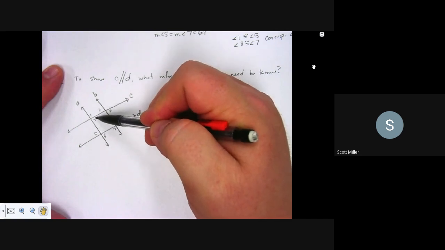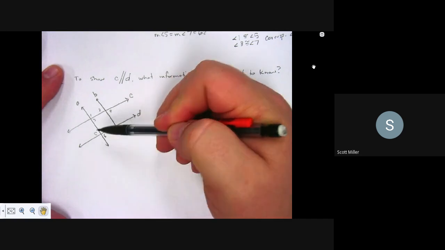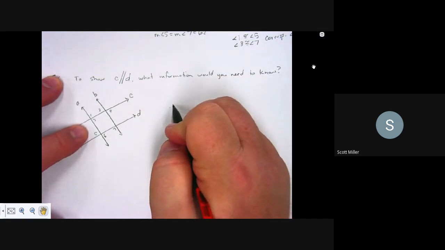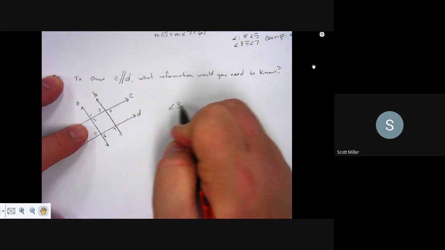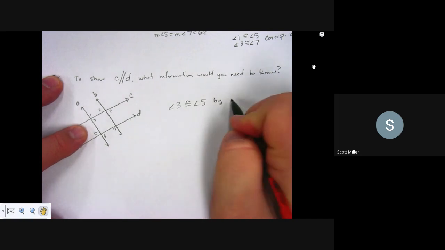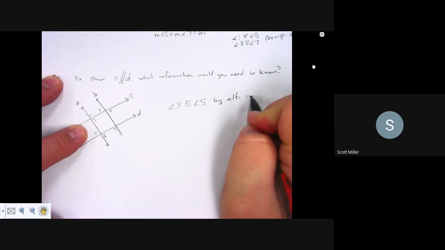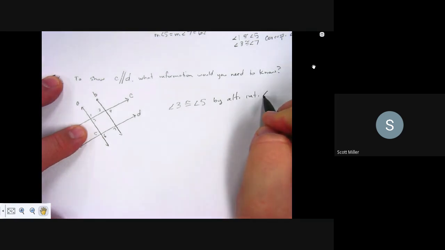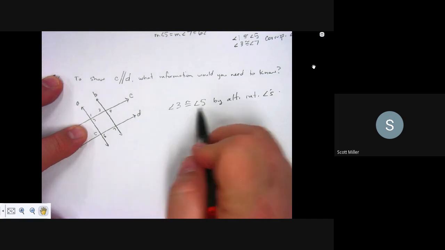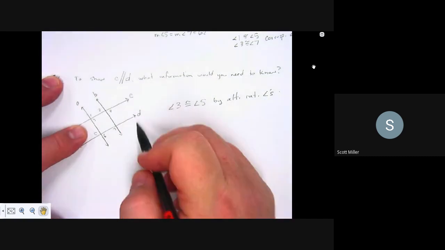See how this one's on C and this one's on D? So with that in mind, angle 3 must be congruent to angle 5 by alternate interior angles. If I have that, then these two lines will be parallel.